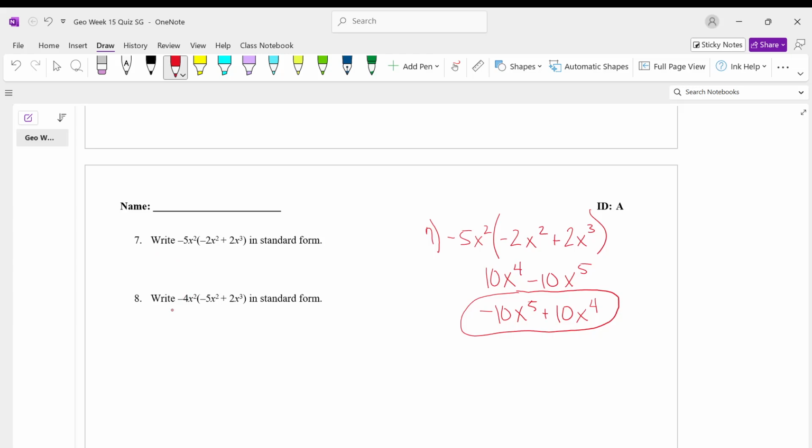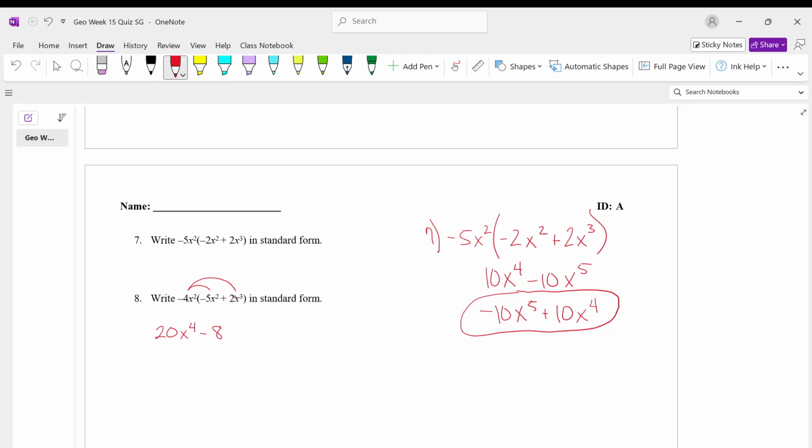All right, and then number 8 over here, we're going to distribute this negative 4x squared. So negative 4 times negative 5 is 20. X squared times x squared is x to the 4th. Negative 4 times 2 is negative 8.